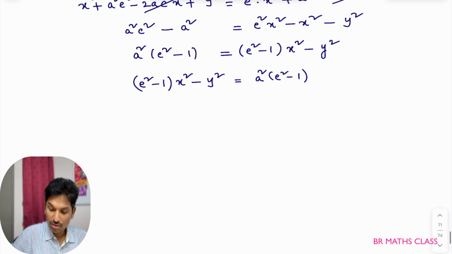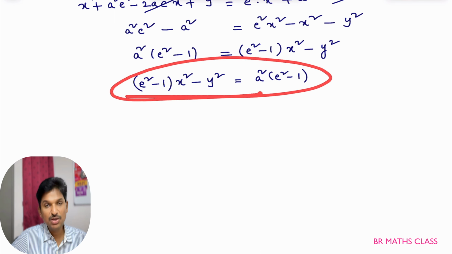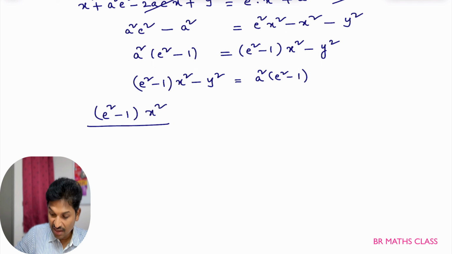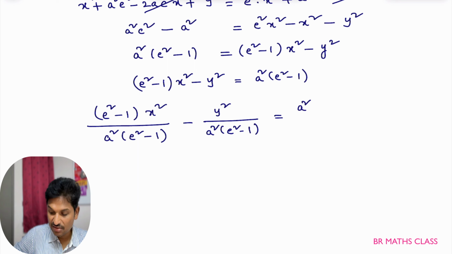Now, to get the equation of hyperbola, I'll divide this complete equation with a square into e square minus 1. Y square divided by a square into e square minus 1 equal to a square into e square minus 1 divided by a square into e square minus 1.